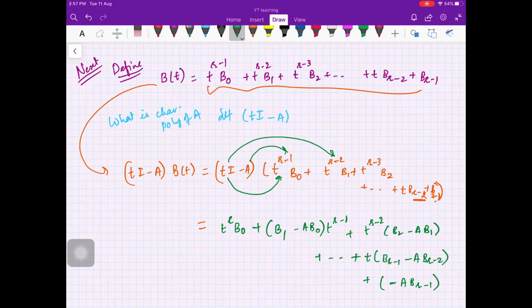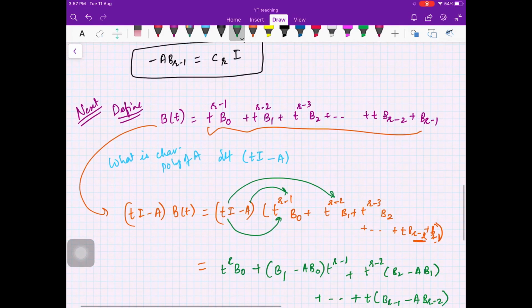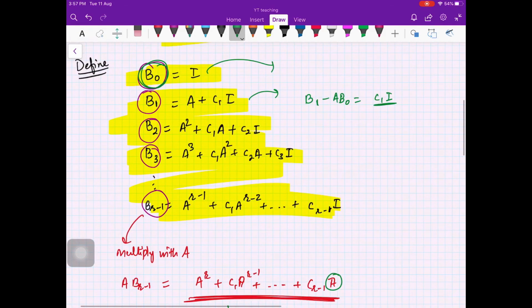So this is what you will get. Now go back to the definitions of these. Here B0 is I. What is B1 minus A? This B1 minus A is C1I, right? Because this is I, I can write AB0 here, because that is what I am getting here. So from here, C1I.